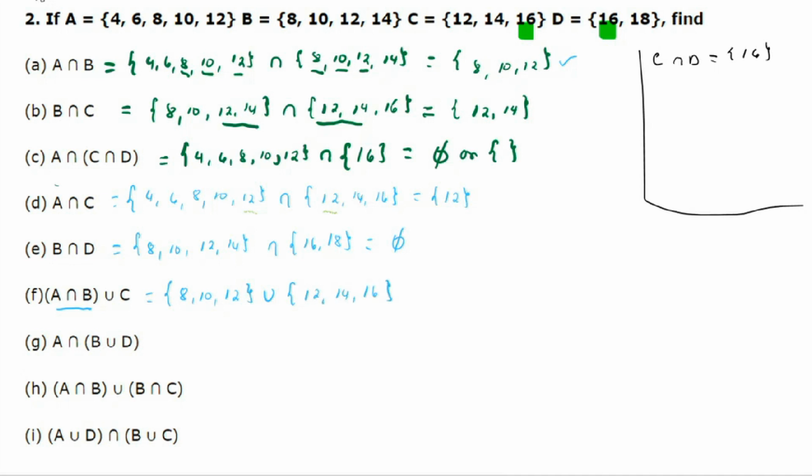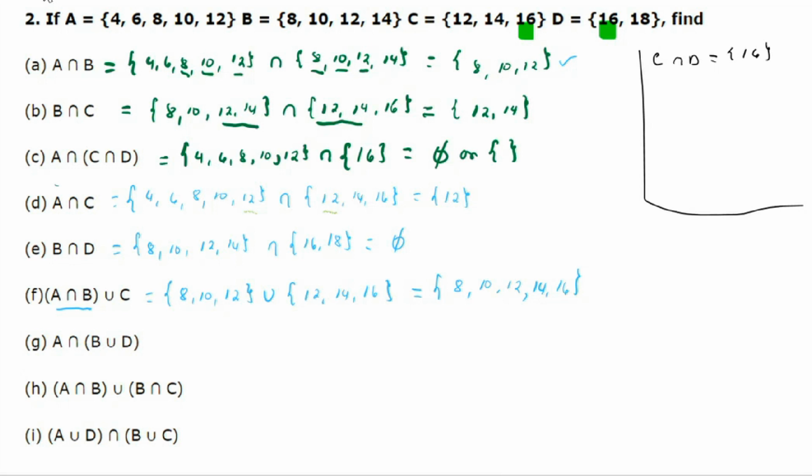Now let's do the union between these two sets, so we're going to combine everything. We have 8, 10, 12. 12 is also present here, but write it only once. Then we have 14, 16. So that's the answer for letter F.